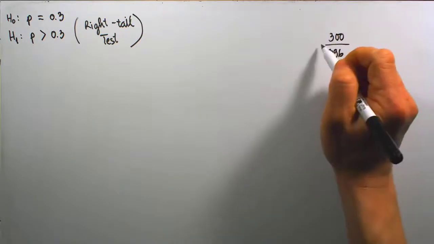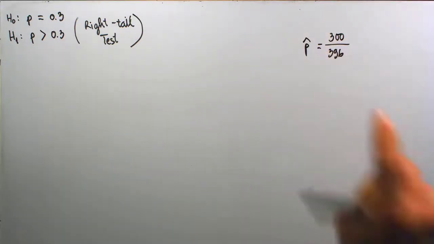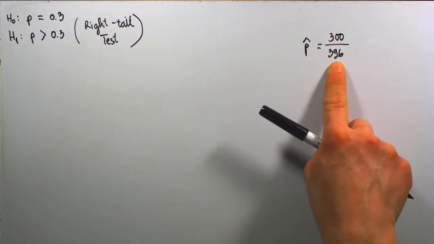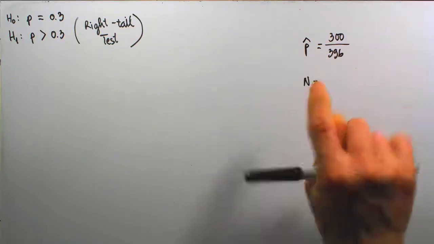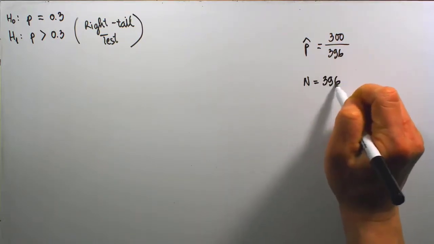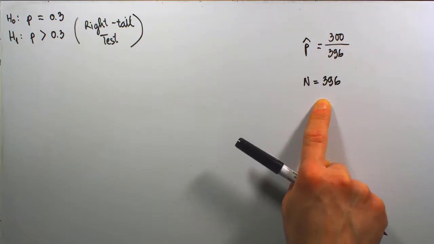So what we have here is a sample proportion, the sample proportion of iPhone users in a sample of 396 cell phone users. And the sample size in this case, capital N, will be 396.